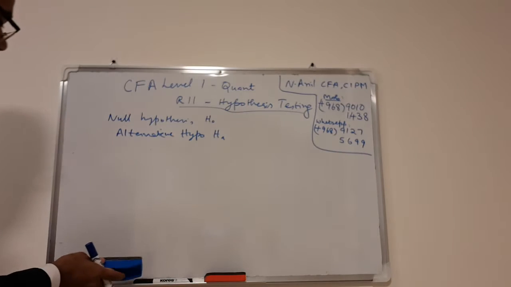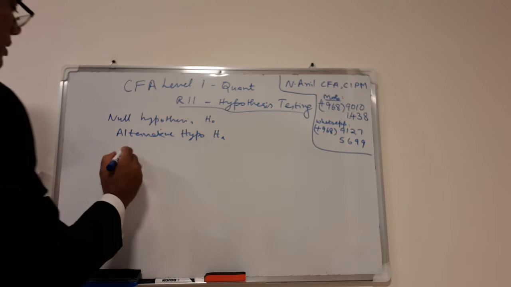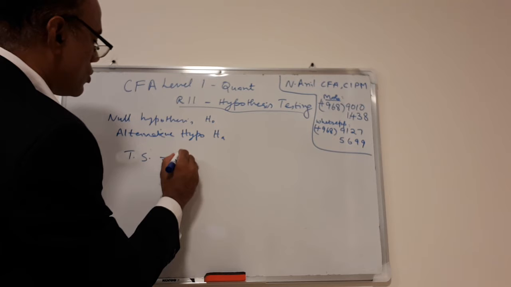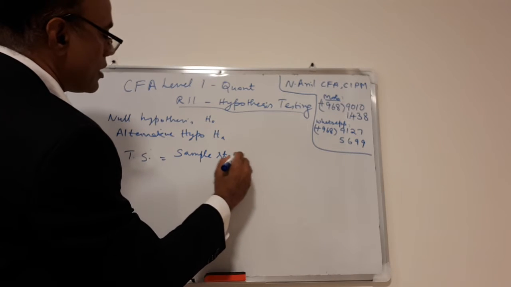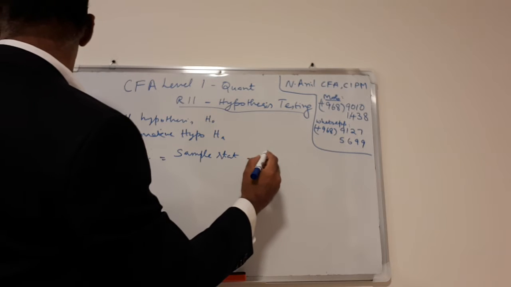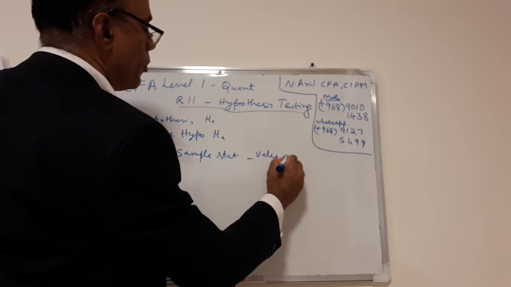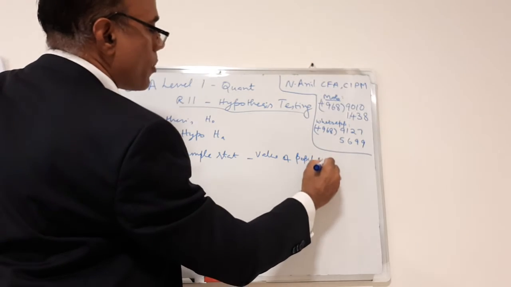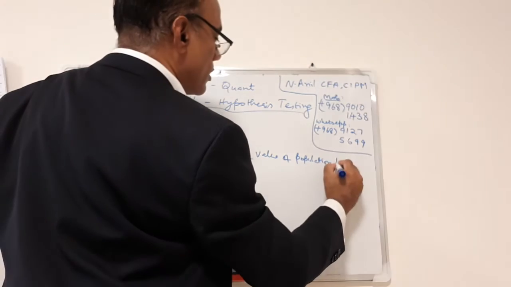So the test statistic, I will write it as TS, is equal to the sample statistic minus the value of the population parameter.